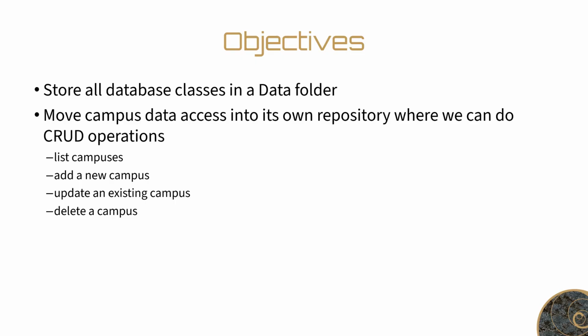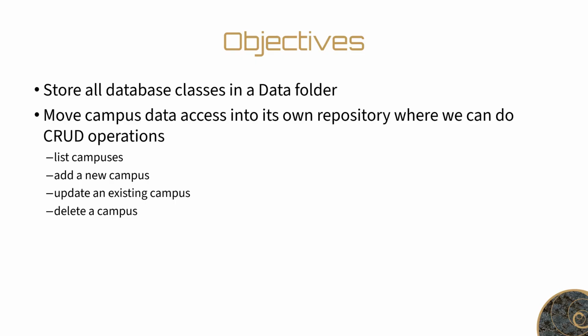And we're going to create a repo just for the campus table. So right now that's combined into this overall school data access layer repo, and we're going to be adding a lot more functionality to it.